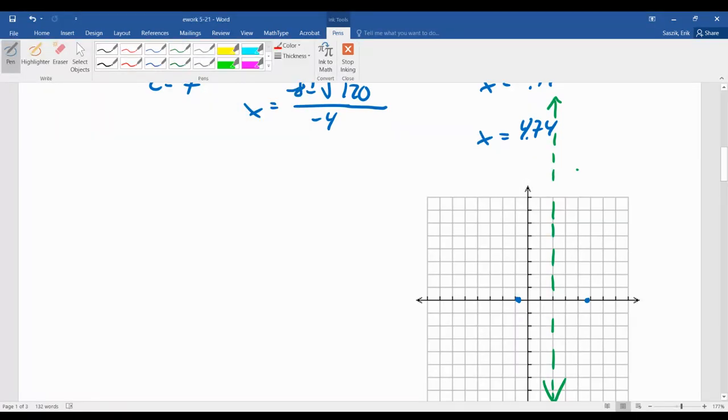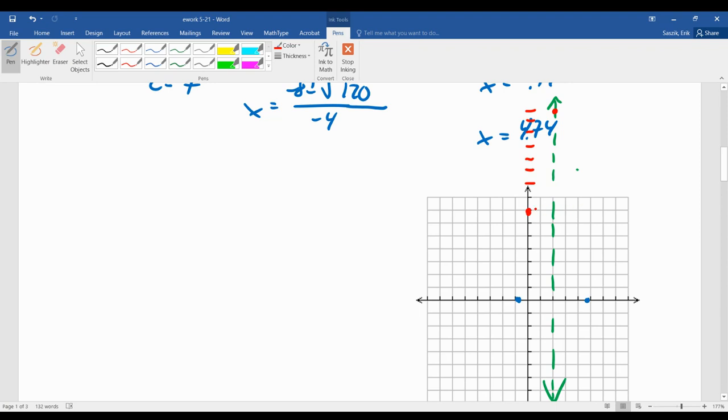My y-intercept, which we found right away, that was 0, 1, 2, 3, 4, 5, 6, 7. And that's 8. So 9, 10, 11, 12, 13, 14, 15. It looks like our vertex is about there. Now remember, sometimes it's easier to make the parabola if you find the mirror image of this y-intercept.